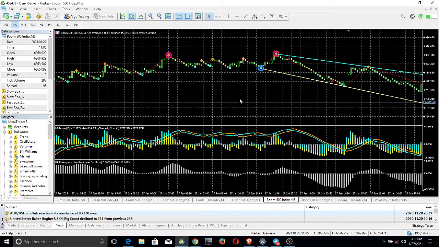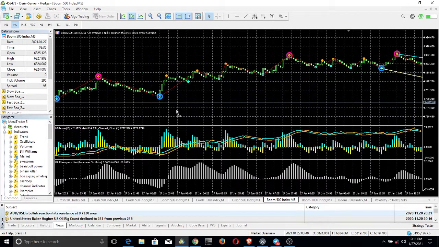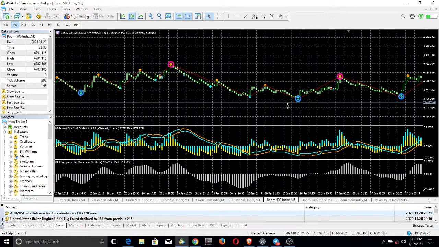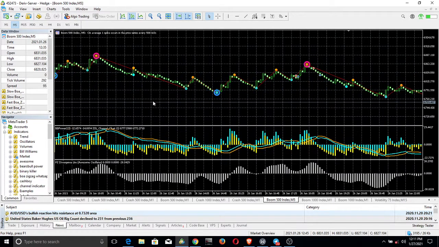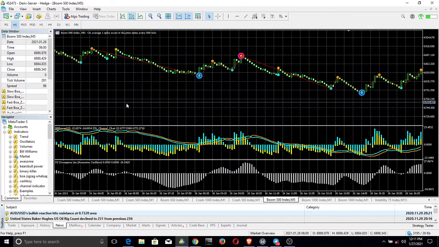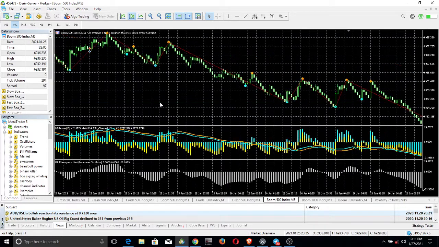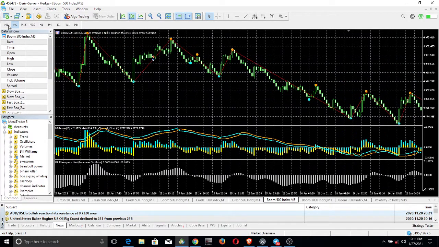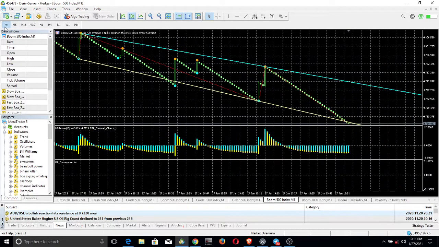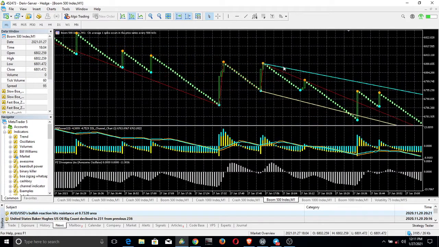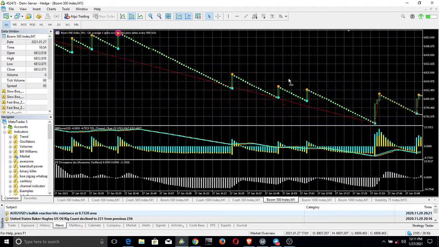Okay, guys, this indicator works on Crash 500, Crash 1000, Boom 500, and Boom 1000. It can be used to swing and scalp, but I would recommend you use it to scalp on the 1-minute time frame.